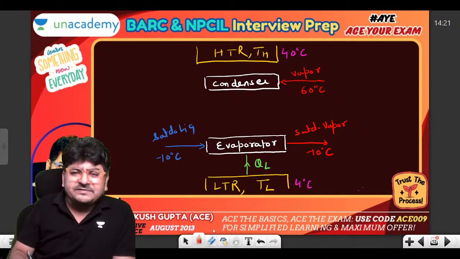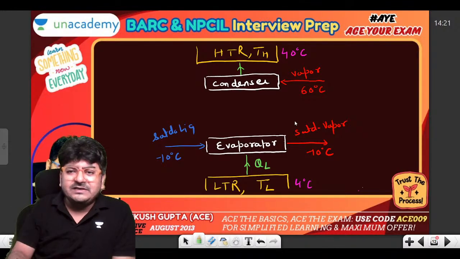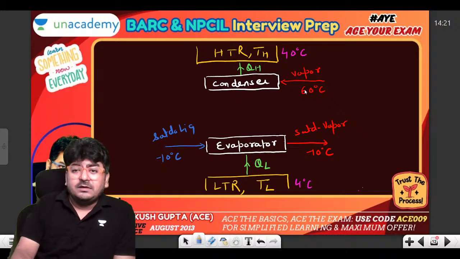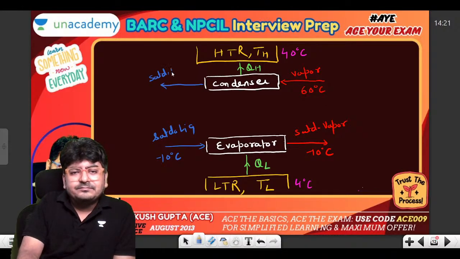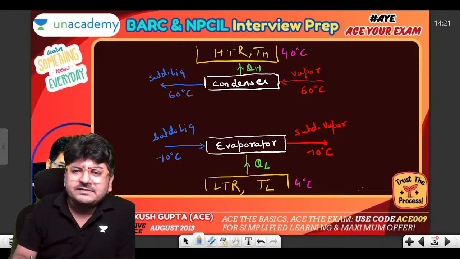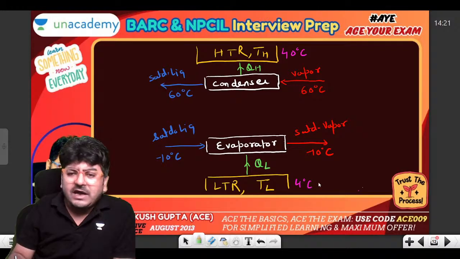When these vapors come in contact with the high temperature body, they will transfer heat because the temperature of the vapors is higher than TH. Let's say this heat transfer is QH. The vapor will lose its latent heat and get condensed, and this condensate will leave at 60 degrees Celsius. Correct? This is the whole idea.